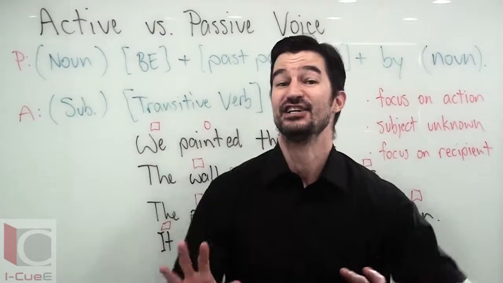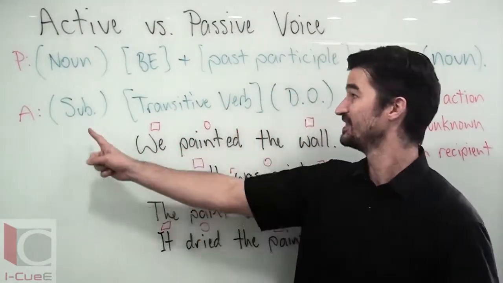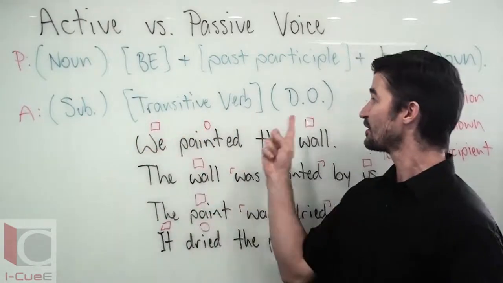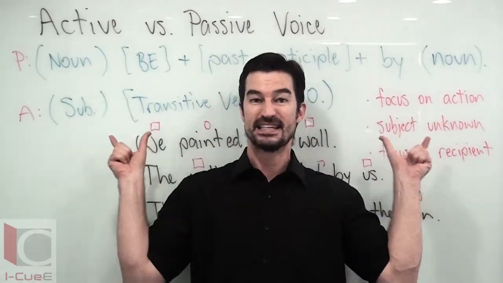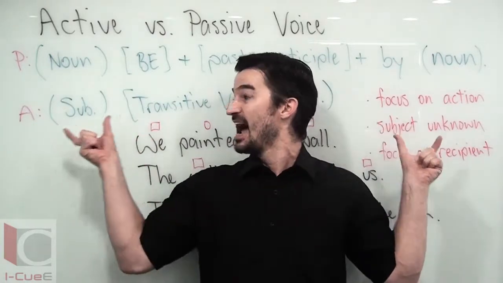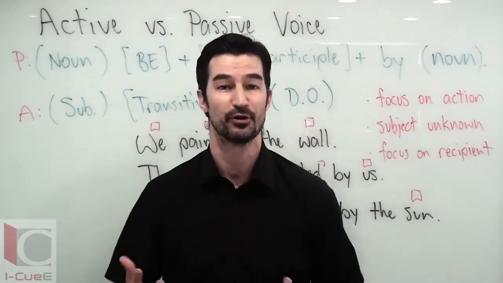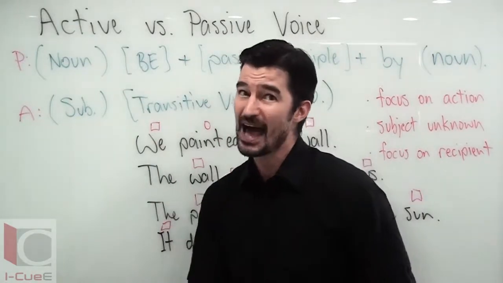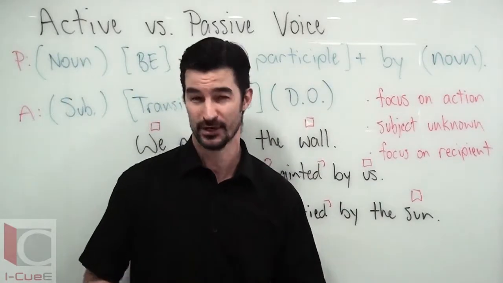You can change any active construction that has subject, transitive verb, direct object into the passive voice by simply taking the direct object and the subject and switching them around. But in order to do that, you have to know how to create a passive voice construction.